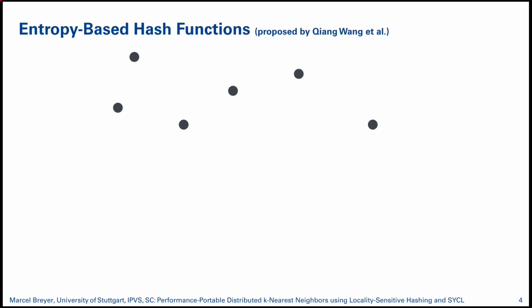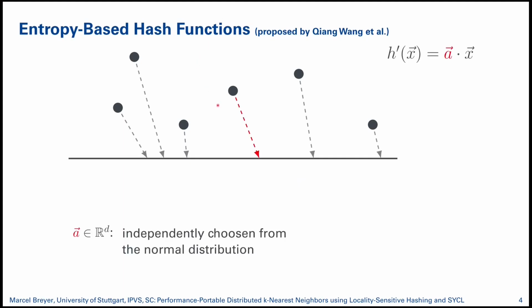Another type of locality-sensitive hash functions are the entropy-based hash functions as proposed by Wang et al. Given the same data points, at first we have to calculate an initial mapping using a scalar product where A is again chosen from the normal distribution. And then we have to introduce a new hyperparameter R, and R represents the number of segments we want to have at the end.